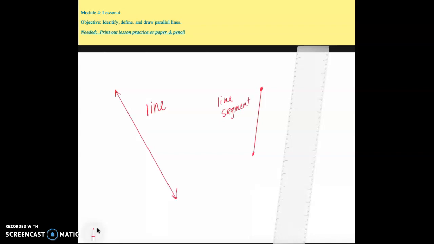And we learned about how if a line has another line that intersects through it and it makes a 90-degree angle or a right angle, then that is called what? If you said perpendicular, that is correct.